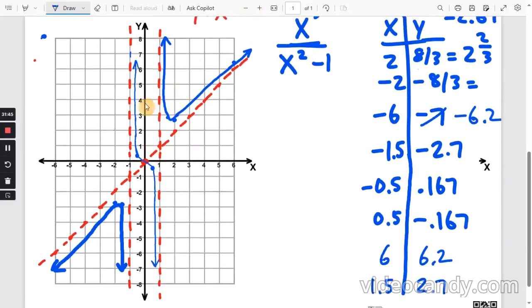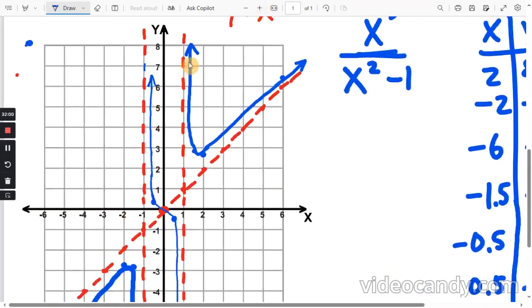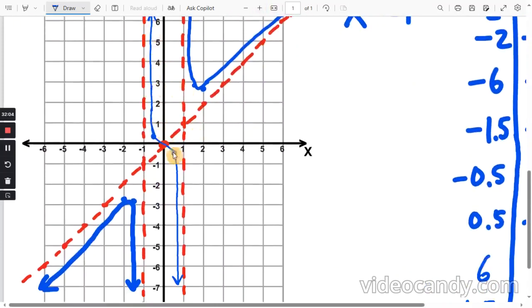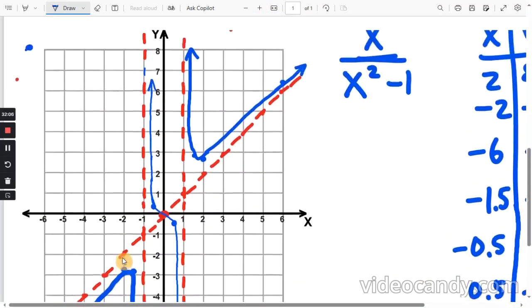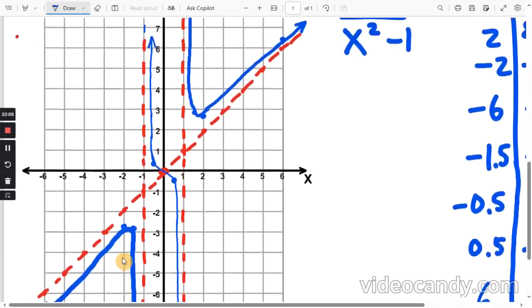This right here, this right here, and this right here. You basically have to plot points to see how it approaches the asymptote. But once you get going in a certain direction, you know that the graph is just going to approach but never reach the asymptote. So that's basically it right there. Pain in the neck, but that's it.